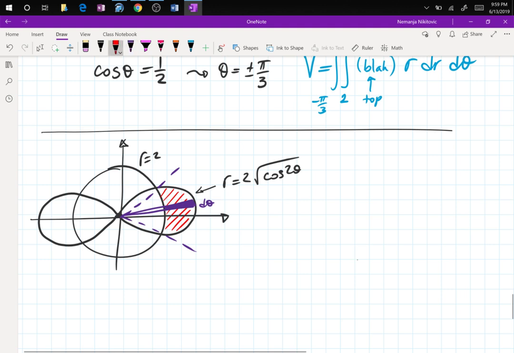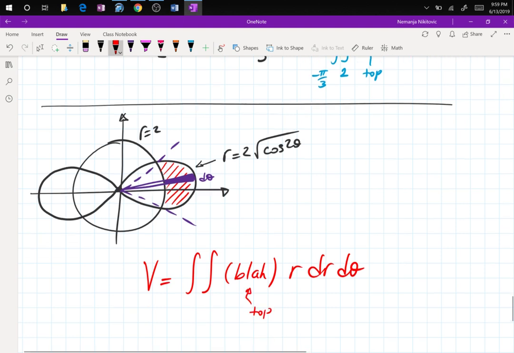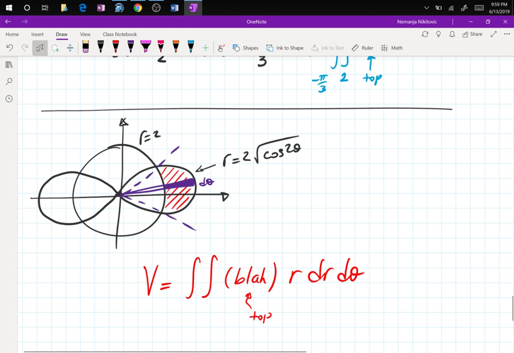We can quickly set this integral. Volume is equal to double integral. I'll put blah again because we don't have the function that goes in here. R dr d theta. So whatever the function for the top, this is the top function. And now, if you are to set these two equal to each other, you will find that this is, well, let's find. It's positive negative pi over 6. But let's go and calculate. So 2 is equal to 2 square root of cosine 2 theta. This is equal to square root of cosine 2 theta equals 1.